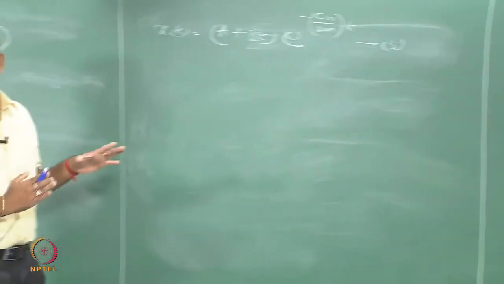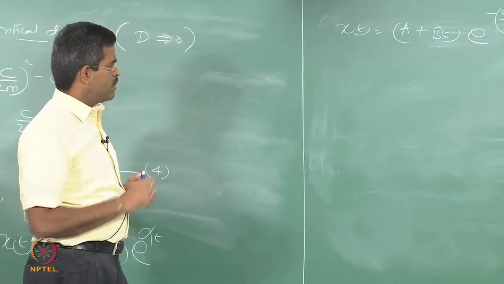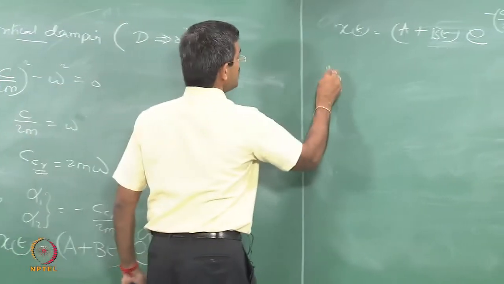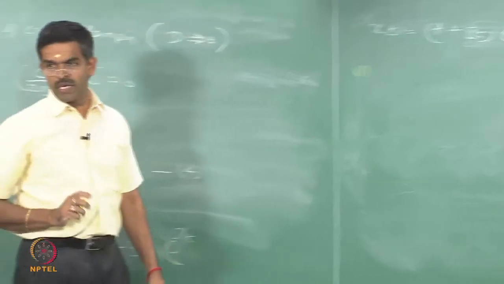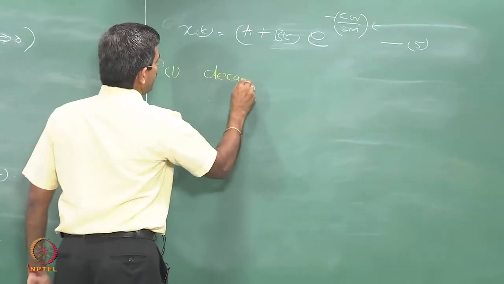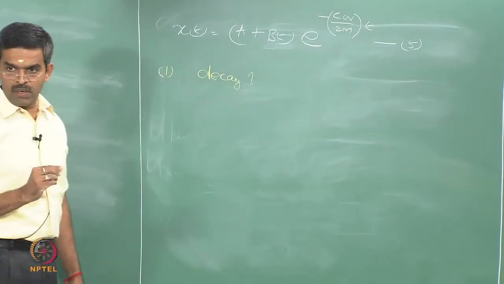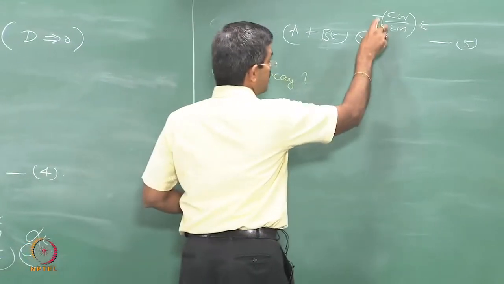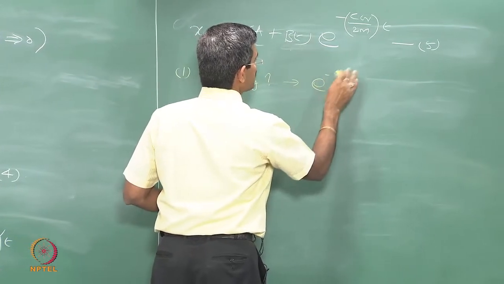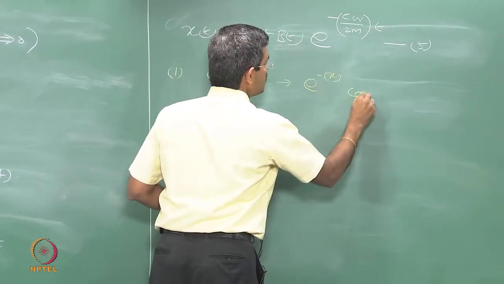Now, let us look at this equation and make some observations. The first observation is this response is going to decay. How? Because this term has an exponential decay term, because mathematically e power minus variable will cause decay.